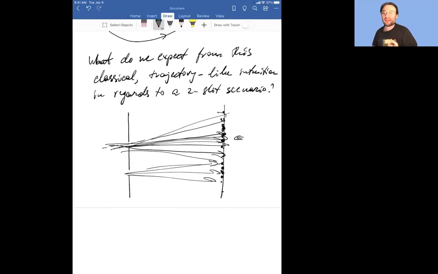And a good way to depict that is to plot the density of impacts versus the position on the screen. So I could plot the density of impacts versus the y coordinate, and what I would get is some kind of a double bell curve.